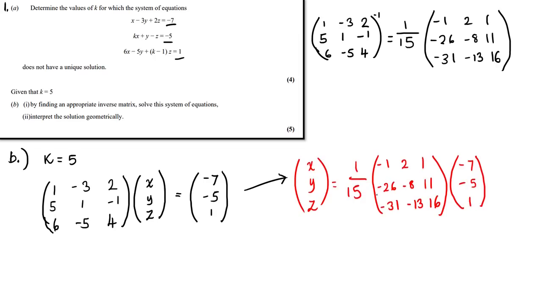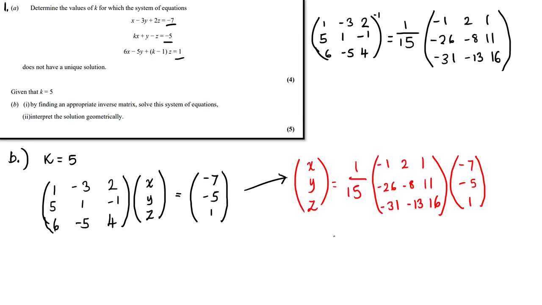And all we need to do now is put this part here, the right-hand side, into our graphical calculator. Obviously, in your calculator, you'd need to multiply your matrix here by 1 over 15. So, for example, it'd be minus 1 over 15, 2 over 15, 1 over 15 for the top row. But just make sure you input it like that.